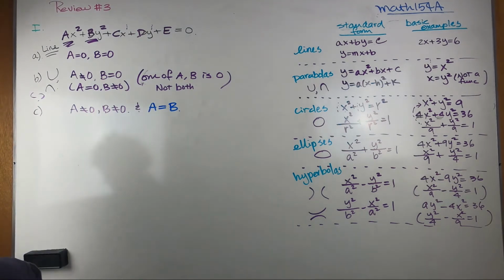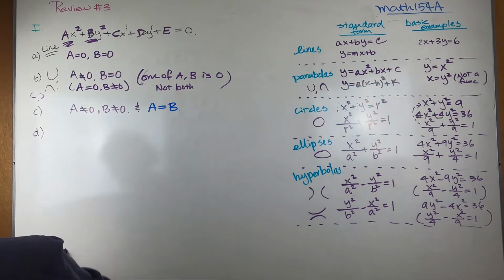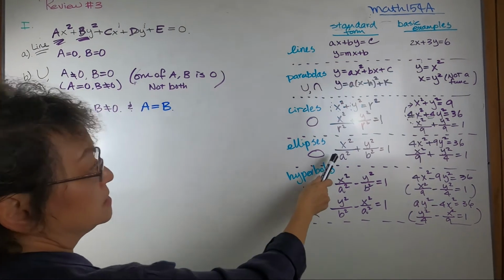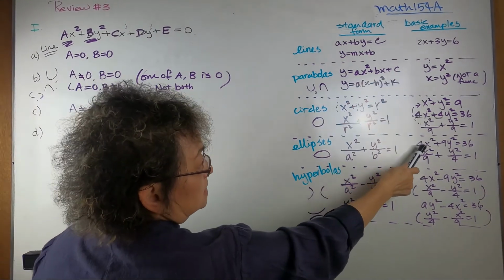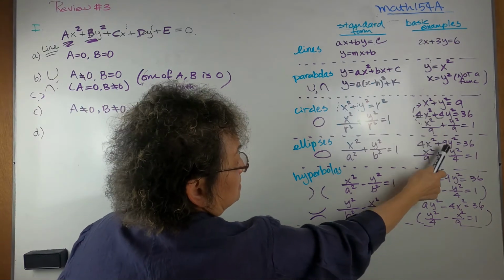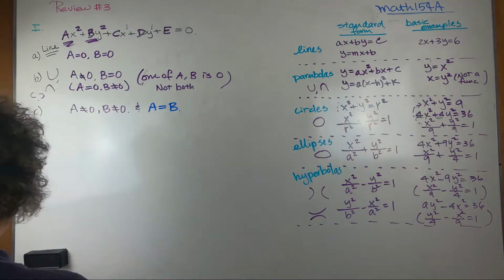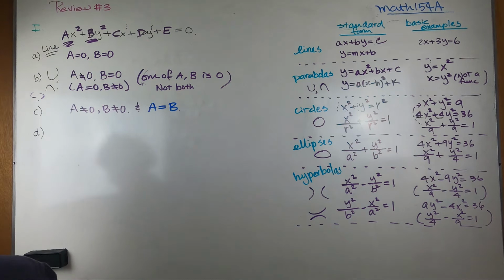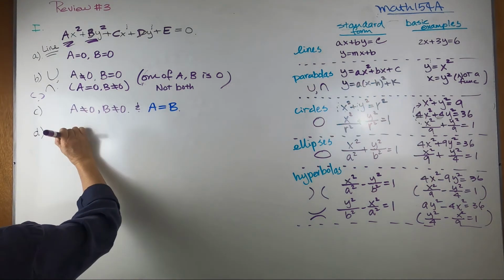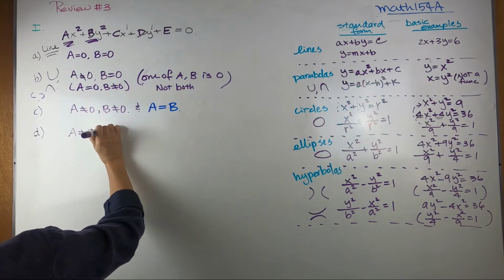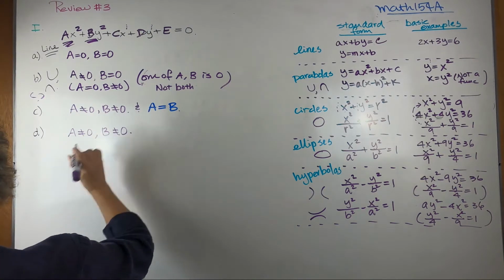So that's for the circle. For the ellipses, take a look. Like here, A and B, right? They are different. So first of all, you have to decide A and B cannot be 0, right?